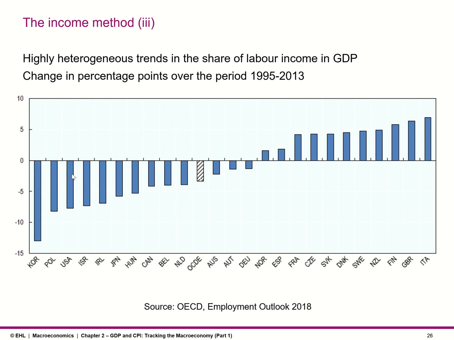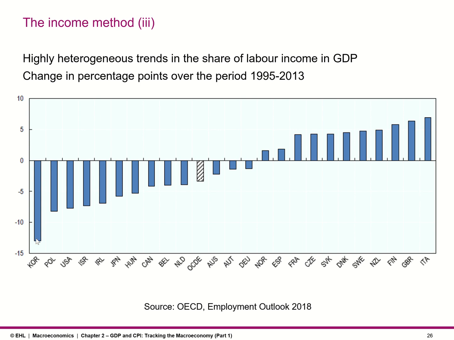In the US, between 1995 and 2013, the share of labor income in GDP has decreased by around 7-8%. In Korea, it's even more. The share of labor income has decreased by almost 13 or 14%.